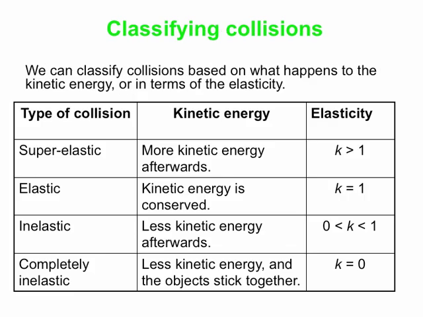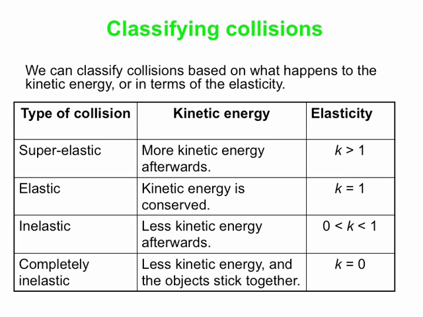Okay, so here is how we can classify collisions. We have 4 basic types of collisions. There's the superelastic, which is a bit of a special case, but which you certainly have seen before. There is elastic, inelastic, which is probably what most collisions are, and then there's the very special case of completely inelastic.